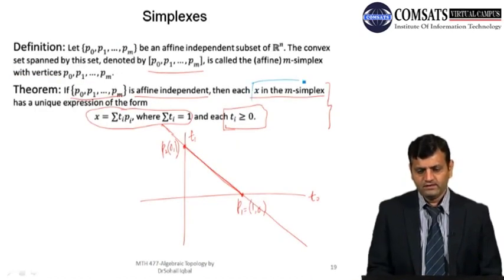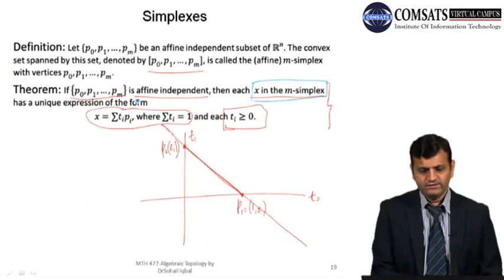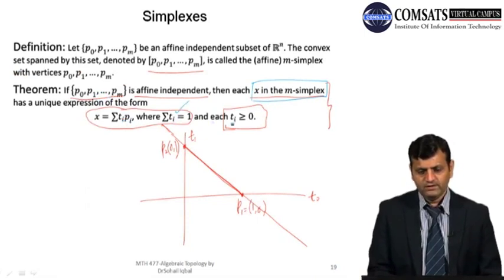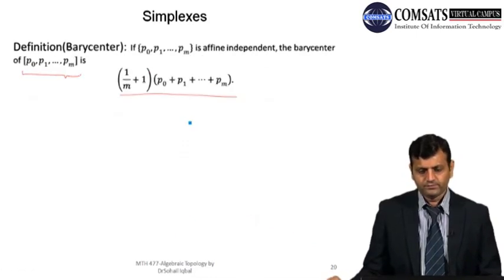We also know from our previous result that each x in the m-simplex generated by these affinely independent points has the form sum of Ti Pi, where of course there are conditions on the Ti's: they should be non-negative and the sum of Ti's should be equal to 1.